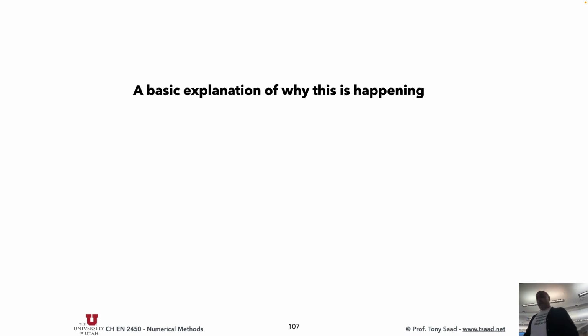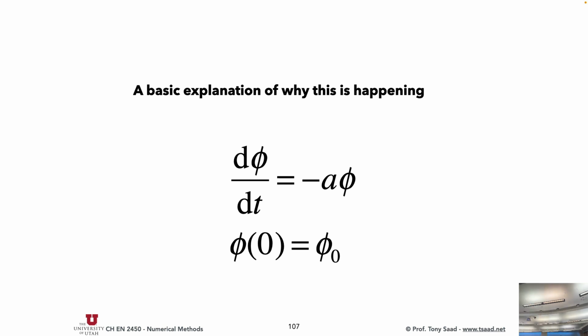And first, I'm going to give an explanation of why this happens for this particular ODE. Okay, so remember we had d phi by dt equal to minus 1,000 phi. Now I'm going to turn this into d phi by dt equal minus some constant a times phi. A could be 1,000, could be 5, could be a billion, doesn't matter. Okay? And with an initial condition of phi 0. Now, we know from the exact solution of this ODE, this is exponential decay.